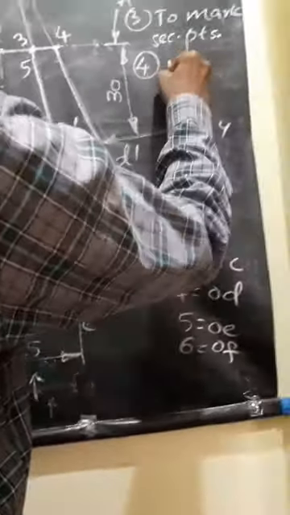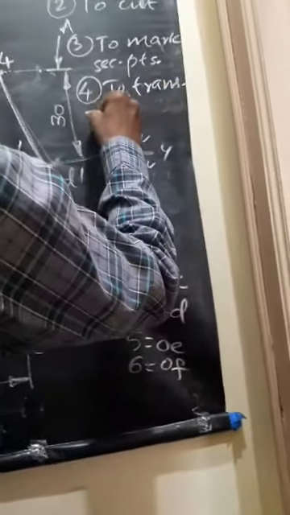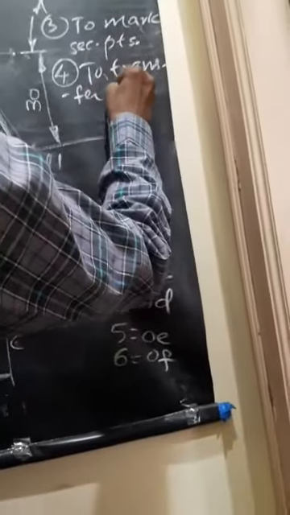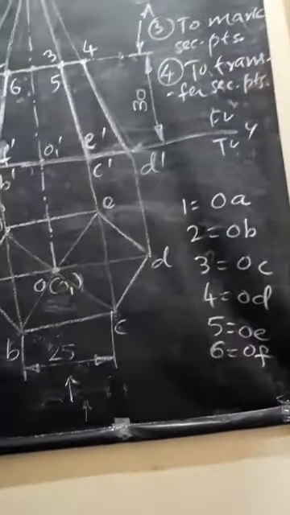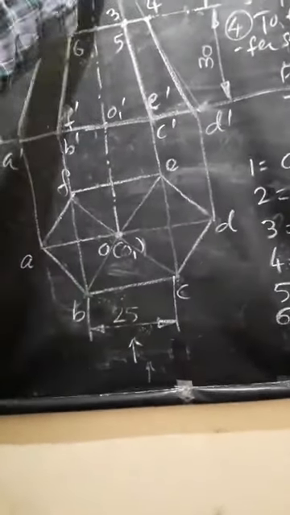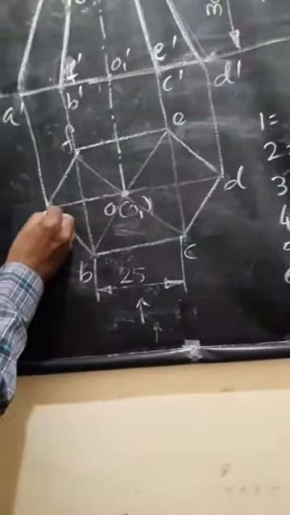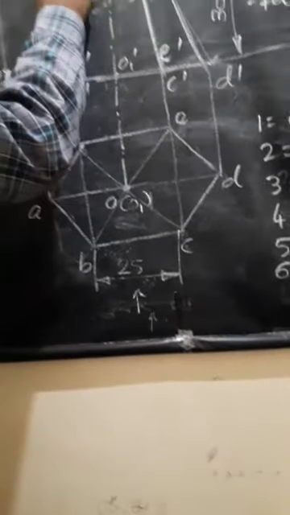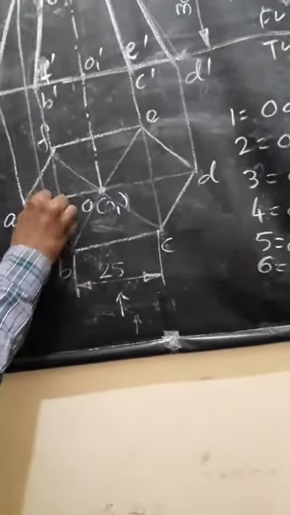Fourth step is to transfer the section points to the other view. So through 1 you draw a vertical projector. 1 is on which slant edge? 1 is on OA. So OA is here. Through 1 you draw the line up to OA. This point is 1.